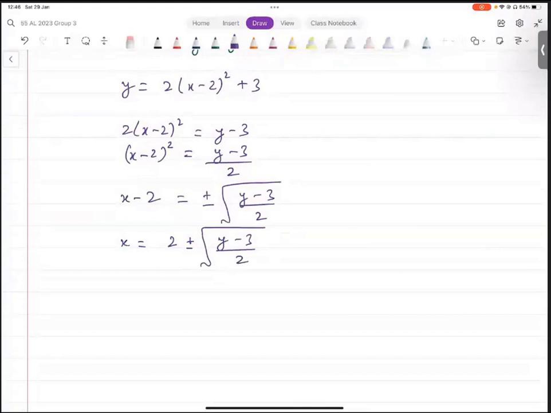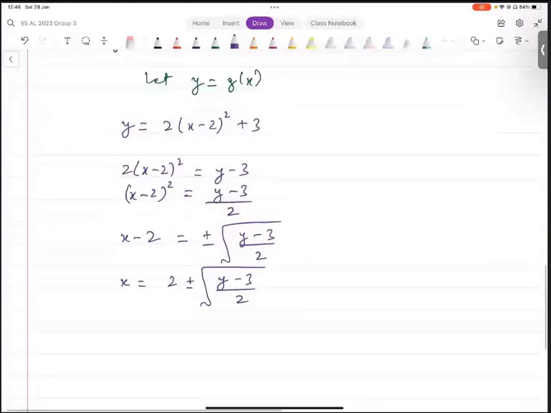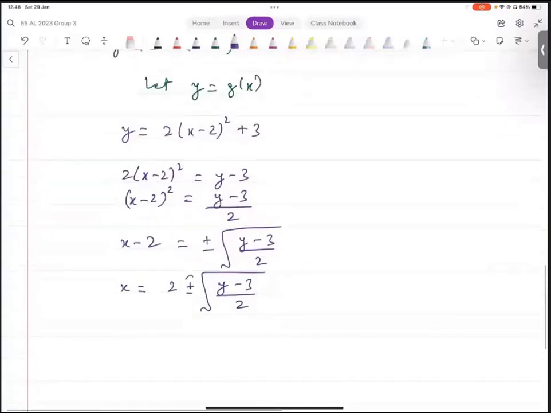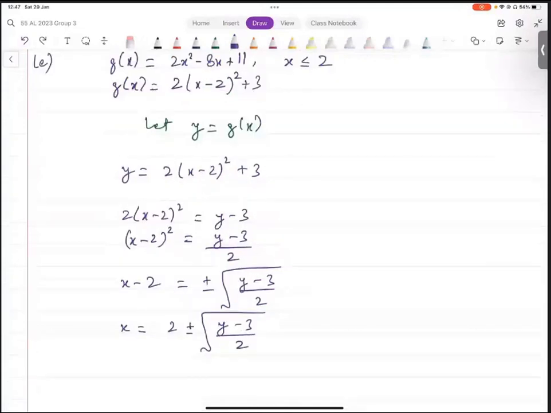Now, at this point, we have to choose whether we're going to put plus here or minus here. So which one of the two do we use? Plus or minus? Anyone? Minus? Why? Because we want the domain to be less than or equal to 2.